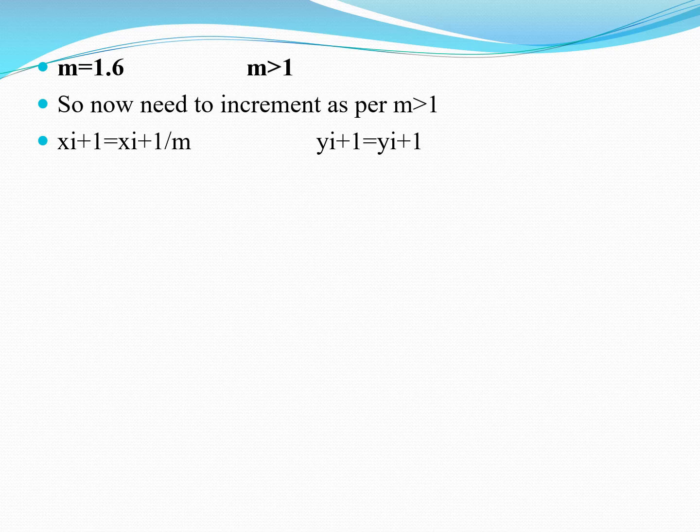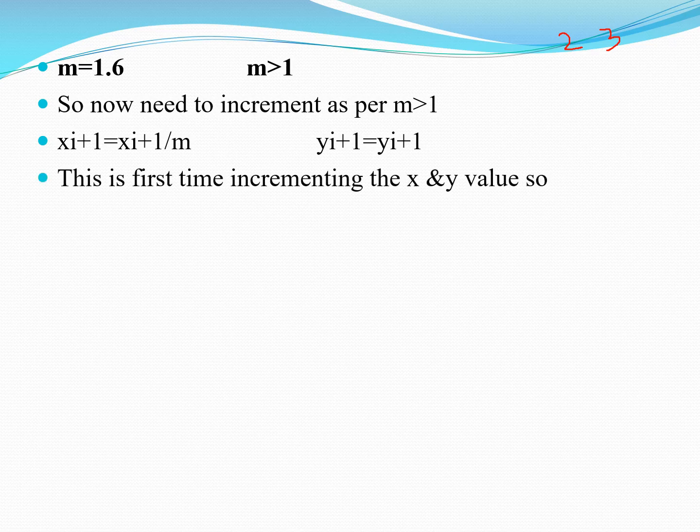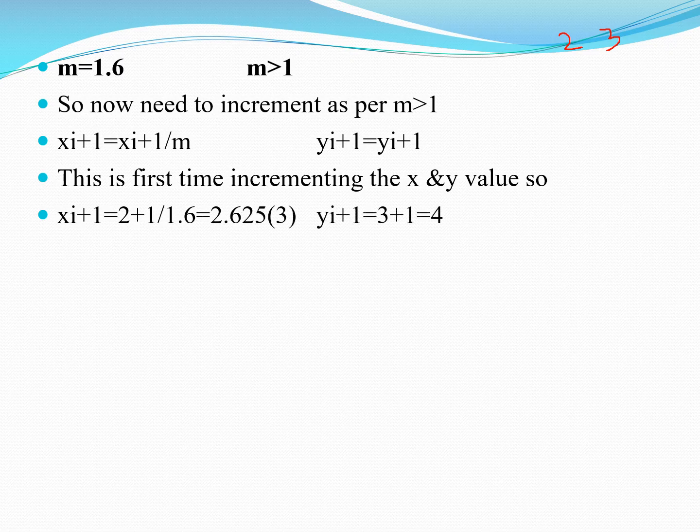This is the first one: we have 2 and 3. The x value is 2 and y is 3. So what is the next x, y value? Here x i plus 1 equals the initial x, x of i, which is 2, plus 1 upon the slope value 1.6, right?